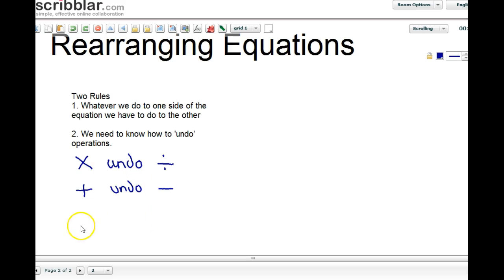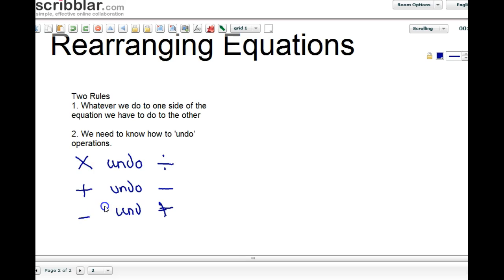And similarly, if we see a subtraction, we can undo this by adding. And obviously if we see a division, we can undo this by multiplication. So for each sign you need to know how to undo it, what its inverse operation is.